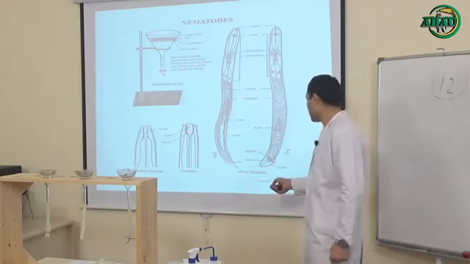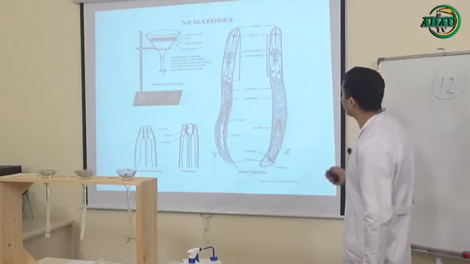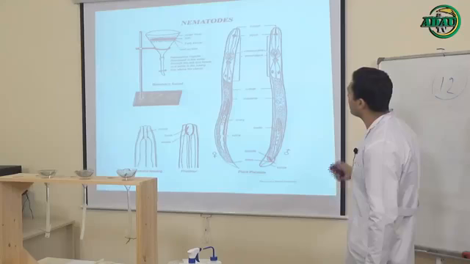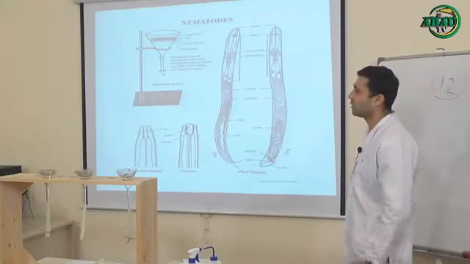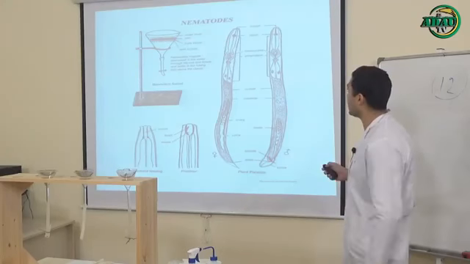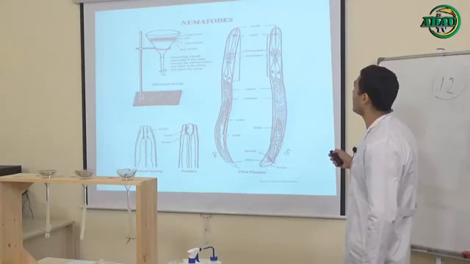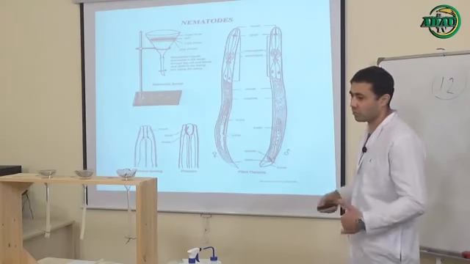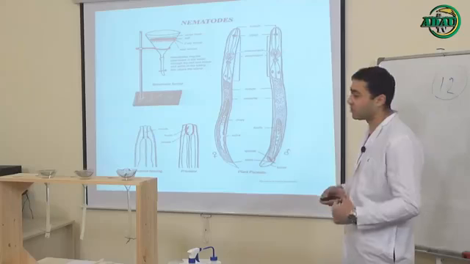We call them plant parasitic nematodes. But what is the difference between them? Their mouths are totally different. If we can see a stylet inside the mouth, then we can decide that this kind of nematode is a pathogen, a plant parasitic nematode.